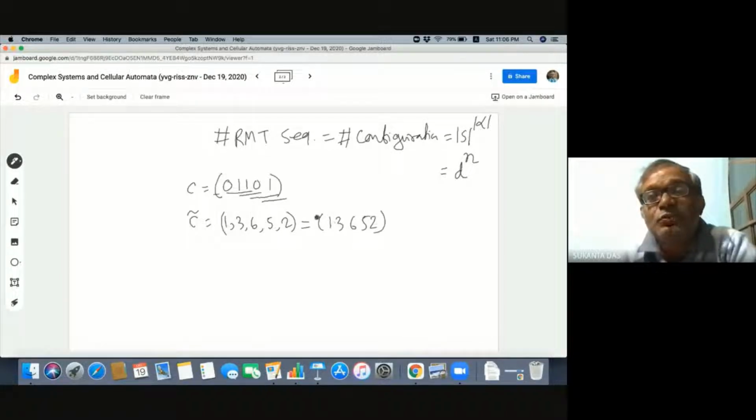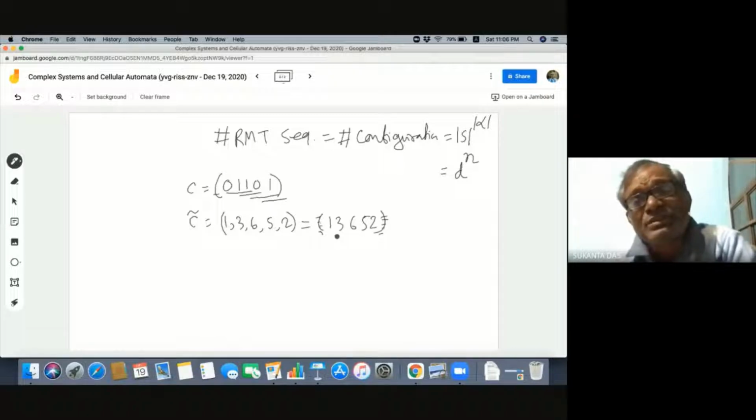And in many cases we don't even put the brackets. These are the sequence and this corresponds to this configuration.